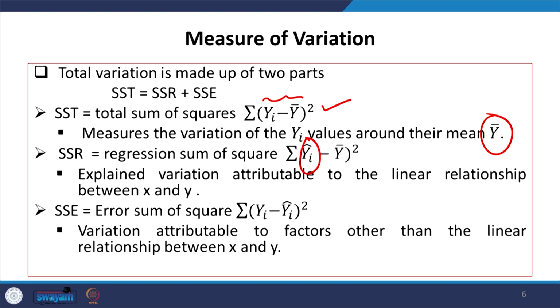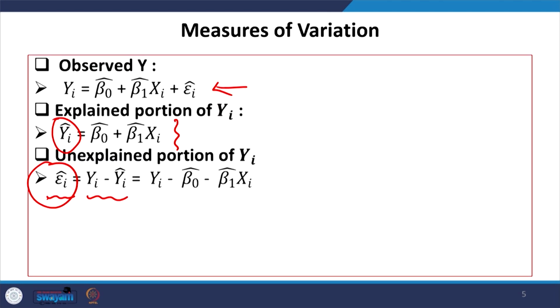Then SSE, the error sum of squares. Between the estimated values and the individual observed values, if there are certain differences, that is called the error sum of squares, which we explained a couple of minutes back.